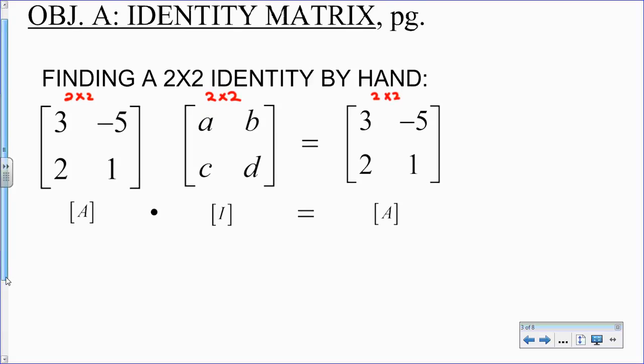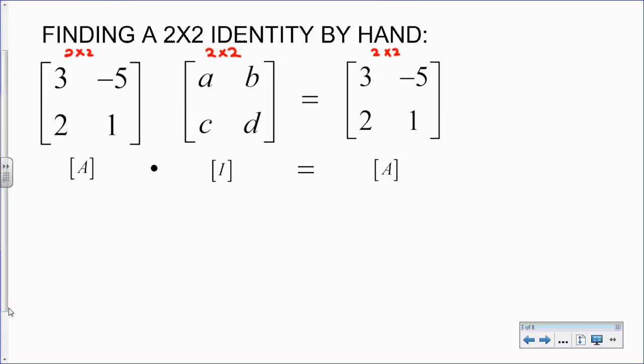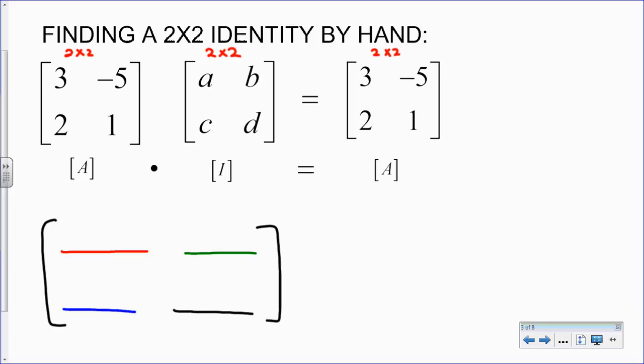So I'm going to write the shell out for multiplying A times I. I know it's going to be a 2 by 2, so I want 2 rows and 2 columns. And then after I multiply, I get A again.